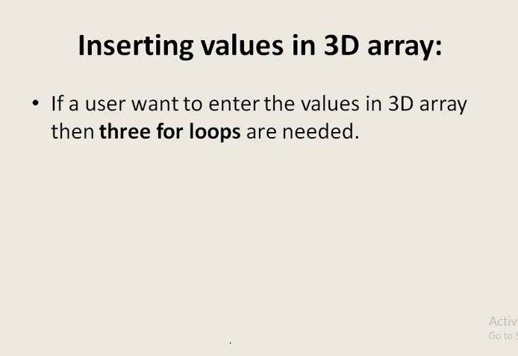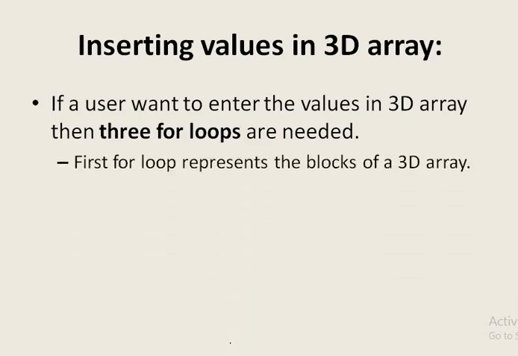Similarly, in a two-dimensional array, you have to use 2 different for loops. Here we have 3 subscripts, so there will be a requirement of 3 for loops for inserting values into a three-dimensional array.